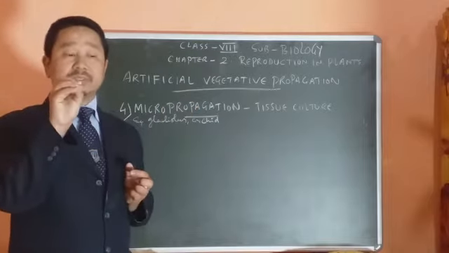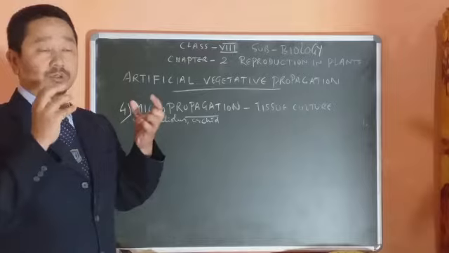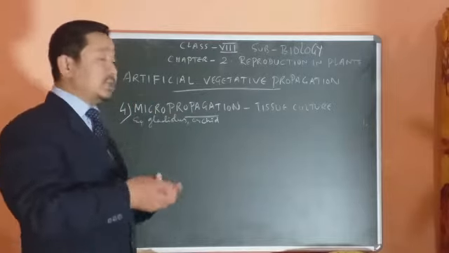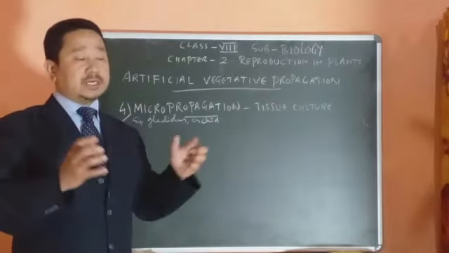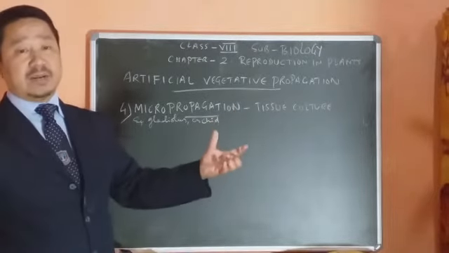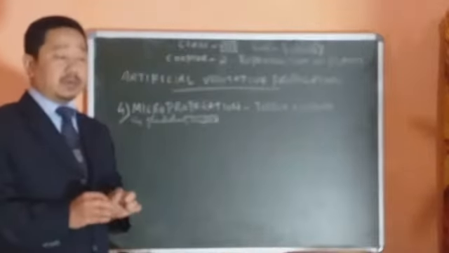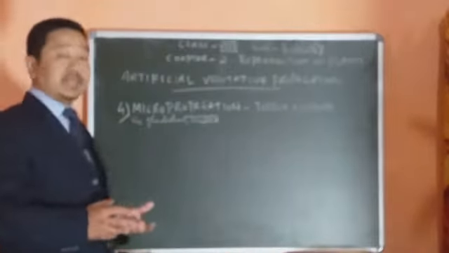Some cells or tissues are taken from the shoot apex, and this can be done in a small area also. You don't need a big plot of land; micropropagation is possible in a small place only.